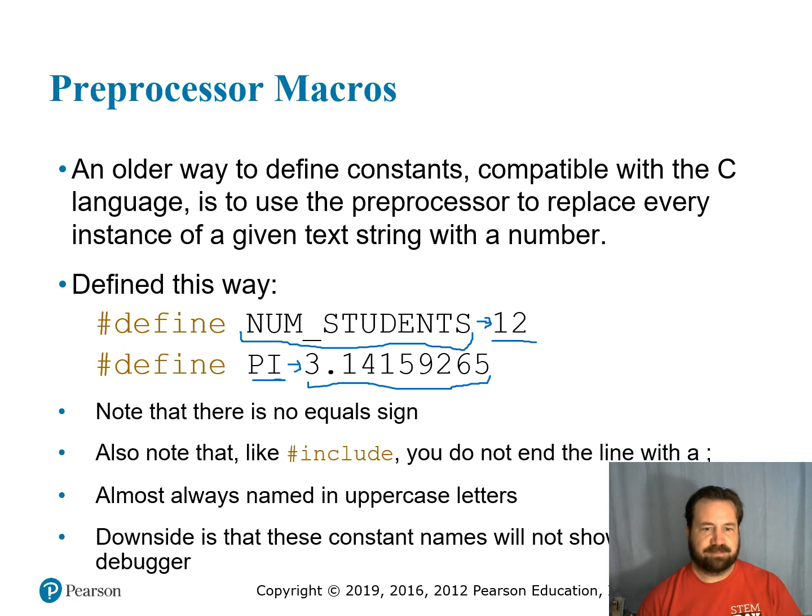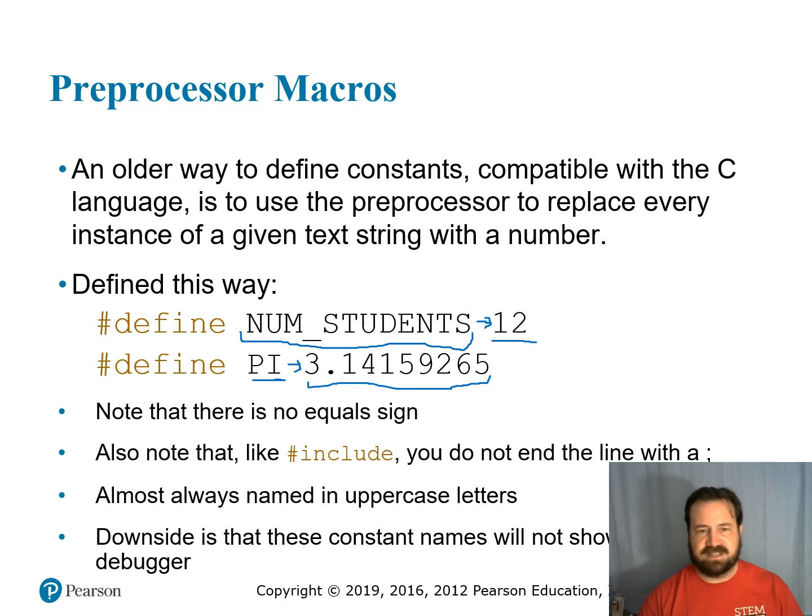The downside to using preprocessor macros as opposed to const variables is that the preprocessor will go through and replace every example of num_students with 12, every example of pi with 3.14159265. So when you're looking in the debugger later, you're just going to see the magic numbers show up. You're not going to see that they belong to constant names. So if I'm looking through a piece of code in my debugger later and I see average equals total divided by 12, I'm not going to know where that 12 came from.